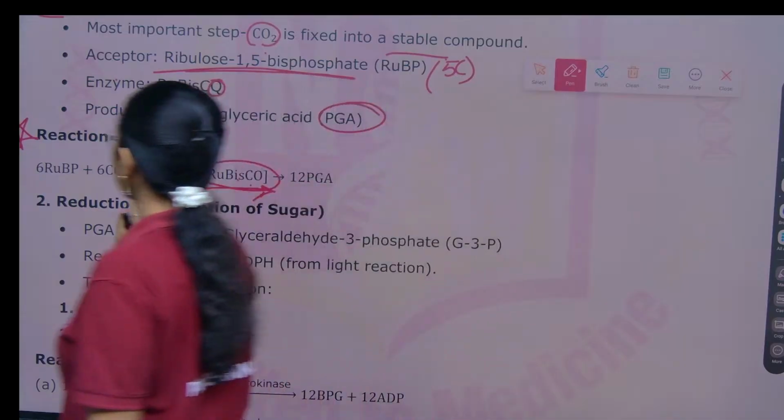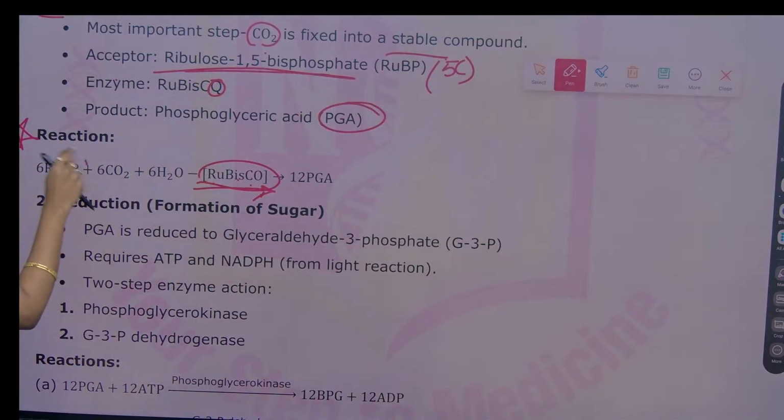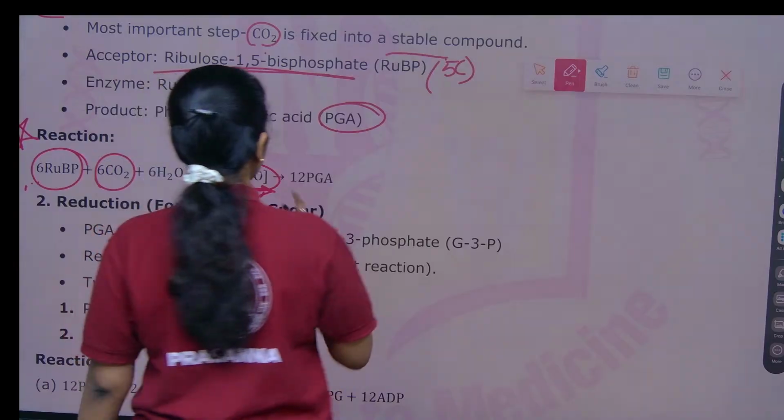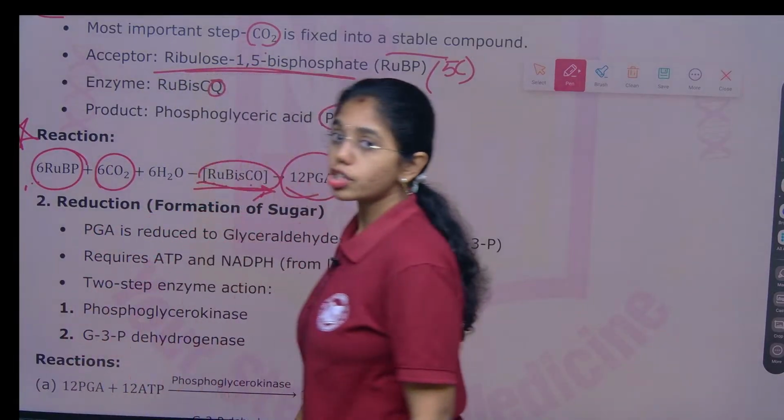Here the acceptor is RuBP: 6 molecules of ribulose bisphosphate will accept 6 molecules of carbon dioxide, and in the presence of the enzyme Rubisco they will form 12 phosphoglyceric acid molecules.